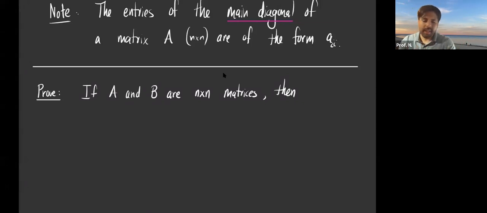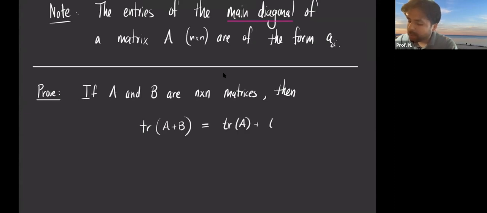For those of you who do computer science, the if-else thing, for loops or whatever. You know more of that than I do, but it's kind of similar. It's if this is true, then the following is true. So if A and B are square matrices, can you prove to me that the trace of A plus B is equal to the trace of A plus the trace of B?